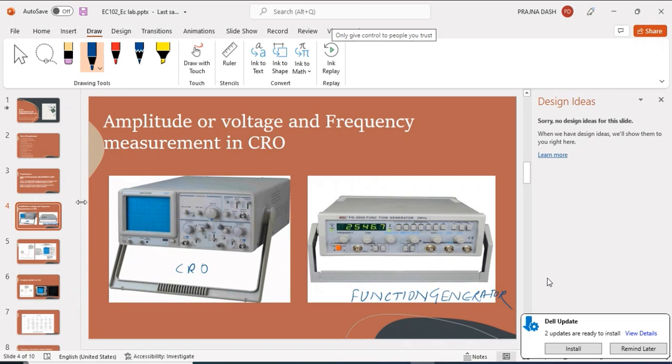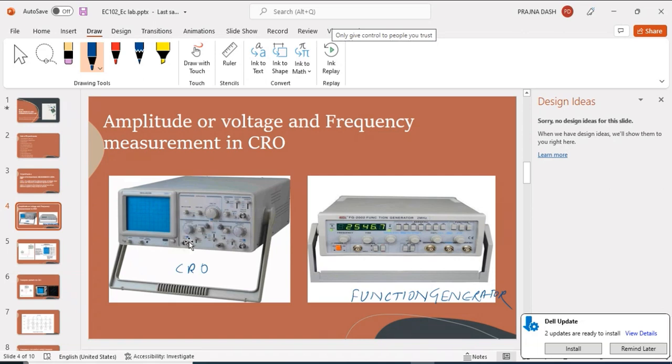Whatever CRO we are using in the lab, all are dual channel. Dual channel means there are two channels: channel 1 and channel 2. That means we can simultaneously give two signals to the CRO and visualize two signals.